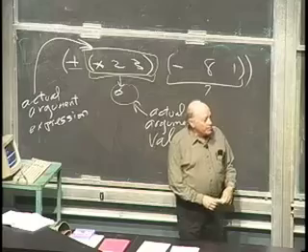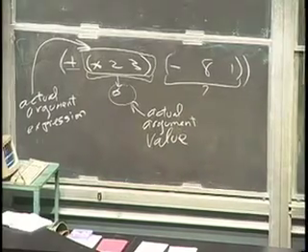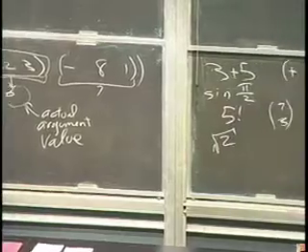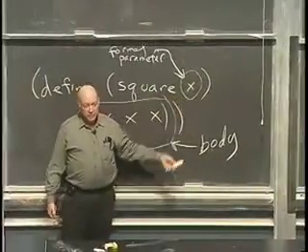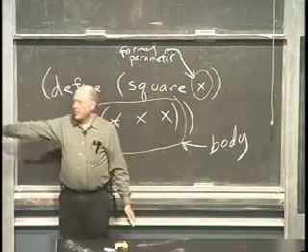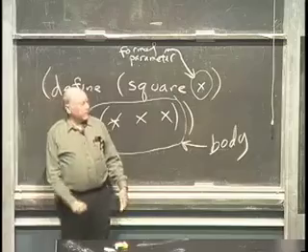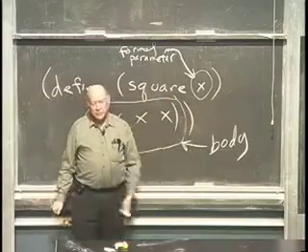And then if it's a procedure you wrote, the actual argument values are hooked up with formal parameters. In this case, there was only one, but you can have as many as you want. The argument values in order, left to right, are associated with the formal parameters in order, left to right.